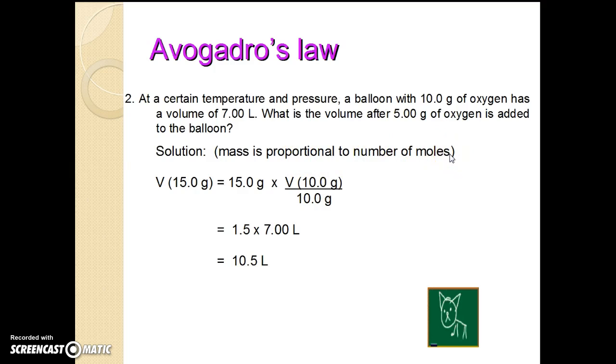So we use the same equation, solving for a volume of 15 grams. So we multiply the 15 grams because we added 5 to 10. We multiply that times the original ratio, volume over number of grams, and we get 10.5 liters. Again, you may want to turn off the video to study the solution.